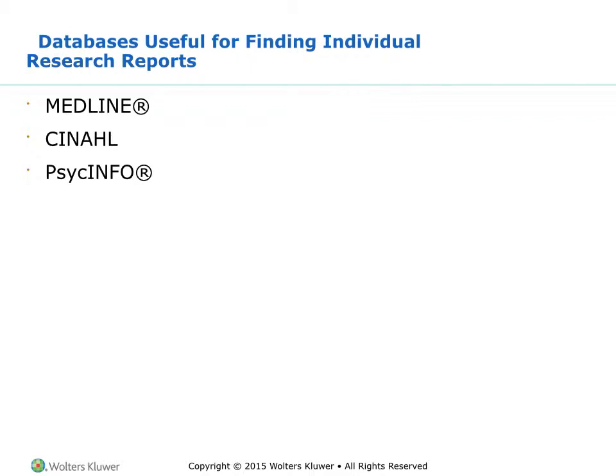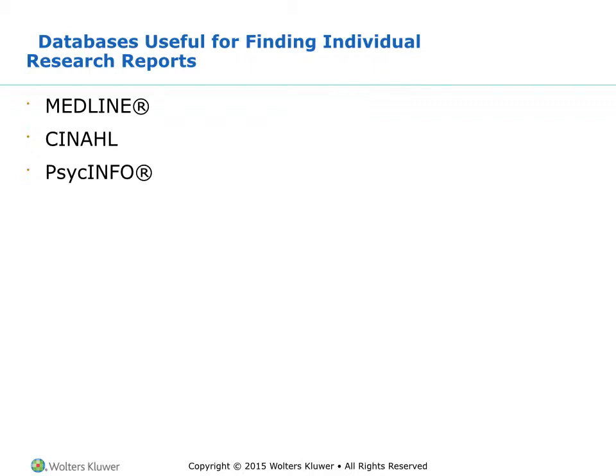The databases that are commonly used are Medline, CINAHL, and PsycInfo. For example, there are definitely lots of others. I told you I want you to really focus on CINAHL. Medline is good. You can use Medline if you want, and you can use PsycInfo if you want. When I do my lit searches, I have to use PsycInfo because I'm really focusing on behavioral health issues in my research study.